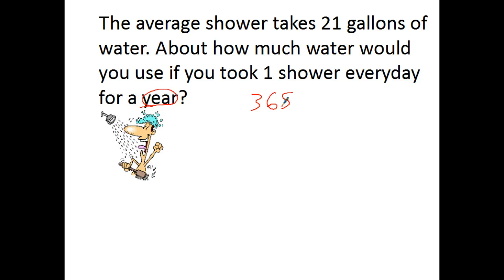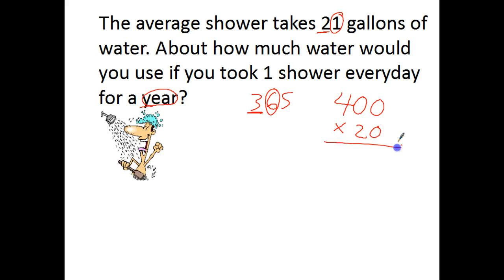So now I need to round that off. Level 6 bully, get off my floor, go up one more, so that's going to go to 400. The 21 gallons of water, level 1 bully is going to go to 20. Multiply it out, 1, 2, 3 zeros, 2 times 4 equals 8. 1, 2, 3 spots over for my comma. 8,000 gallons of water a year just on showers.